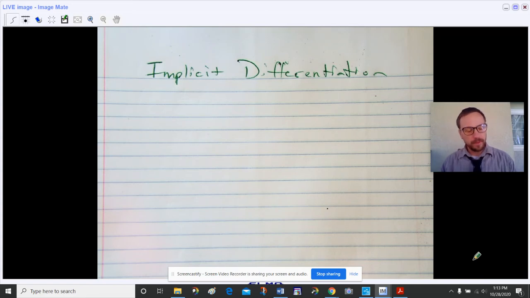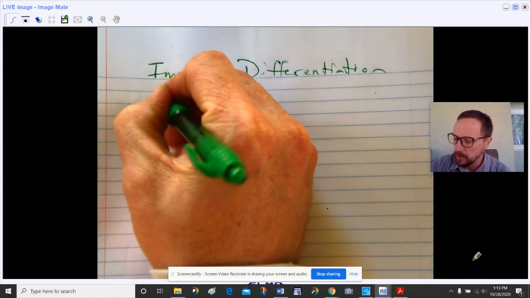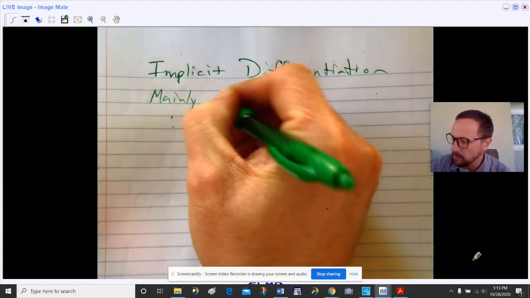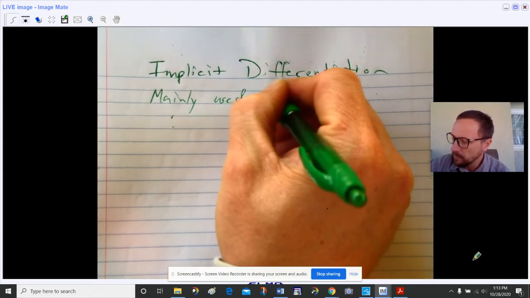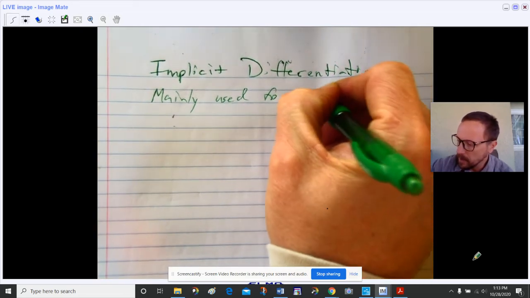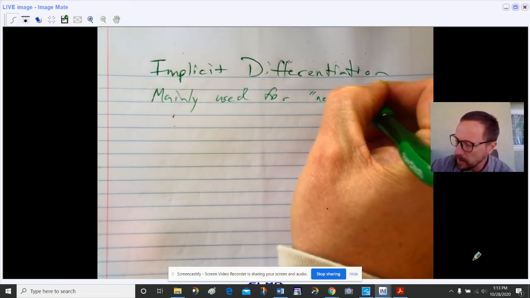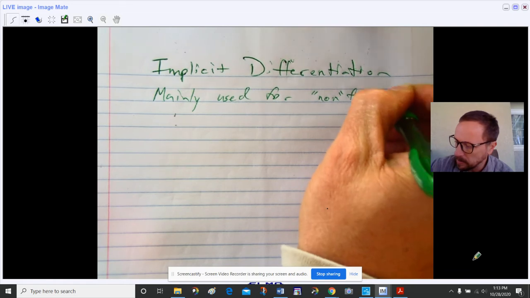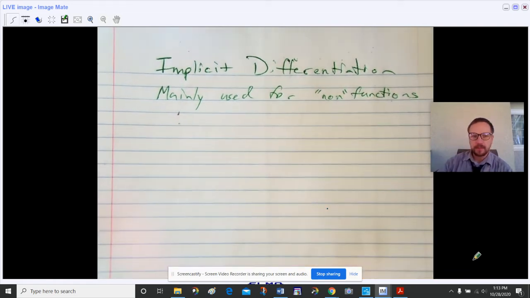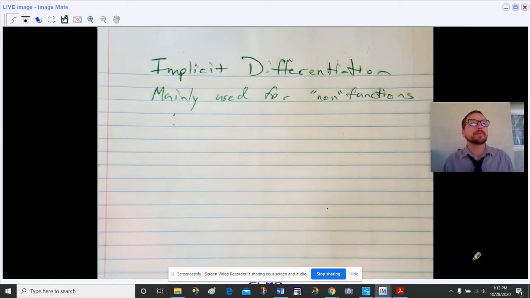So this one here is mainly used for non-functions. Sometimes the problems will be functions, and they'll just have things like this.